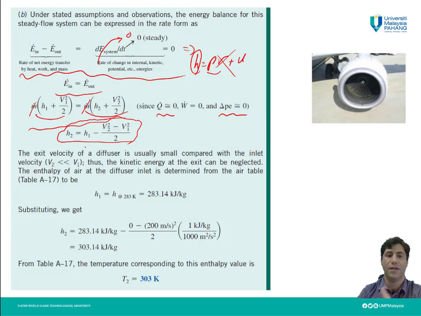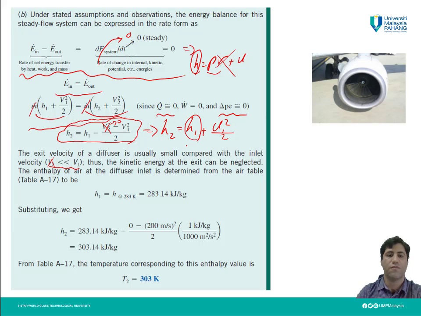But as we discussed earlier, and as was mentioned in the question instruction, V2, the velocity of the air at the exit of the diffuser, is much lower than the velocity at the entrance. In other words, we can ignore this V2. So we can remove V2 in our equation, and we will have just H2 equals H1 plus V1 squared divided by 2, or we can just put 0 here instead of V2, then do the calculation.